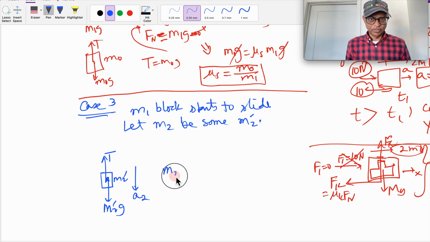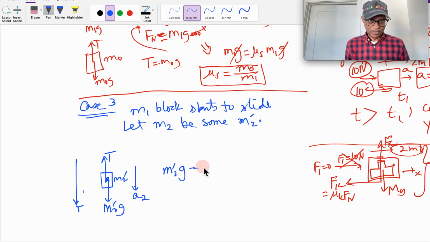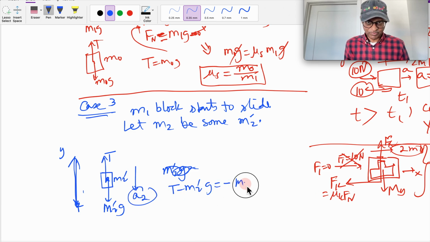So M2 prime g, you can see I can take this as a positive direction, or you can take this as the positive direction. Let's keep the same as before. So T minus M2 prime g, this is going to be negative, so minus M2 prime a.